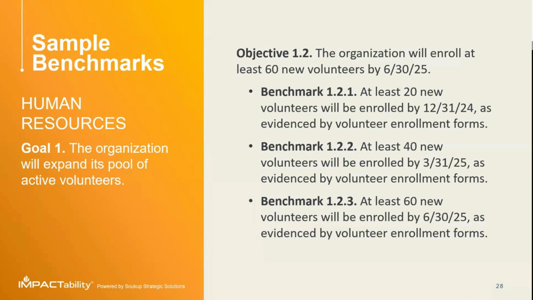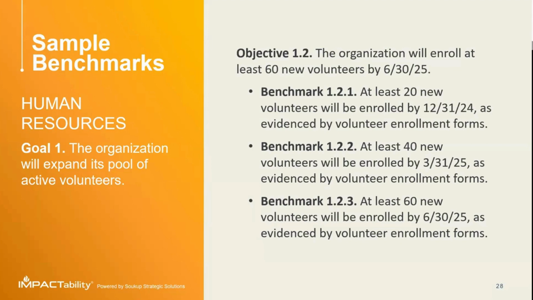Benchmark 122: at least 40 new volunteers will be enrolled by March 31st, 2025, again as evidenced by volunteer enrollment forms. And then for benchmark 123, at least 60 new volunteers will be enrolled by June 30th, 2025, and that's the end date of the objective.